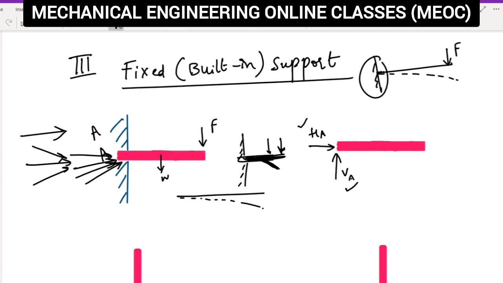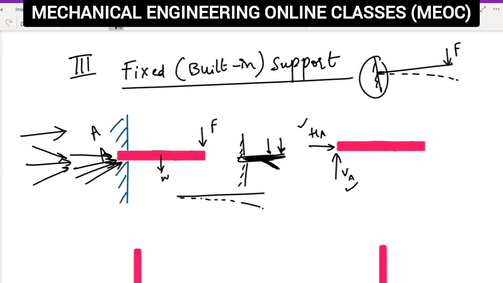We are talking about moments also here because supports give reactions so that any motion in a particular direction can be restricted. What do we mean by restricting motion in a particular direction? In simple terms, we are trying to keep the system in equilibrium.